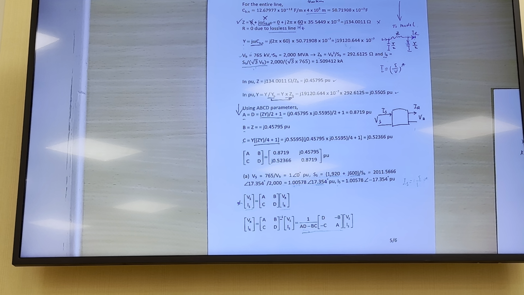And Y is interesting. Theoretically, Y's per unit equals Y's real value divided by Y's base value. But we don't have Y's base value. What we have is Z's base value. Now, what's the relation between Z and Y? It's a reciprocal, right? So dividing by YB means you times ZB.